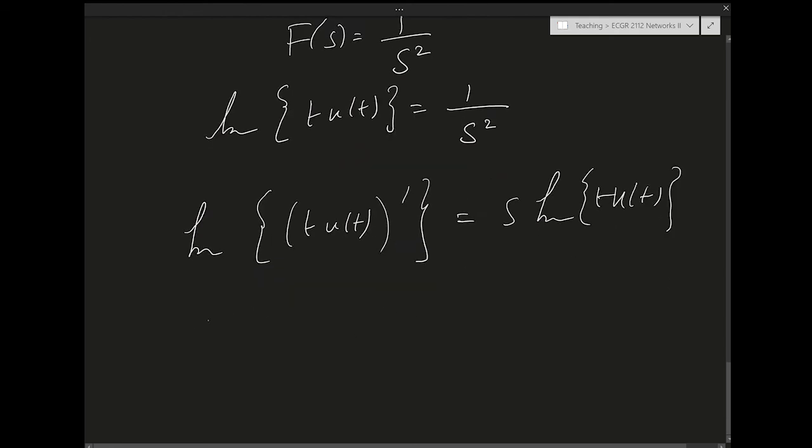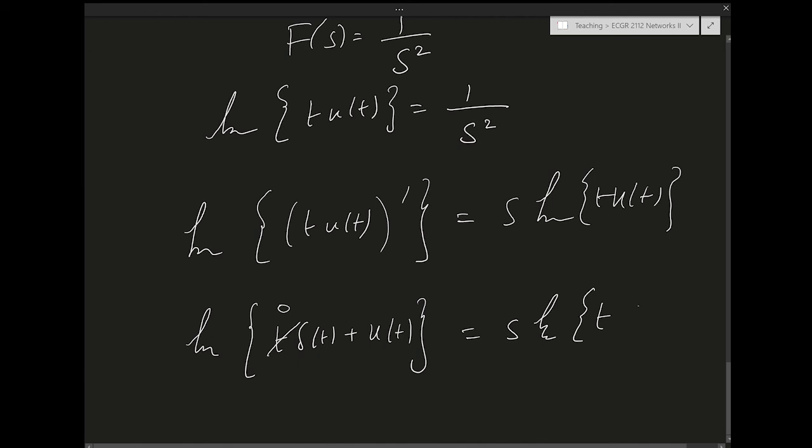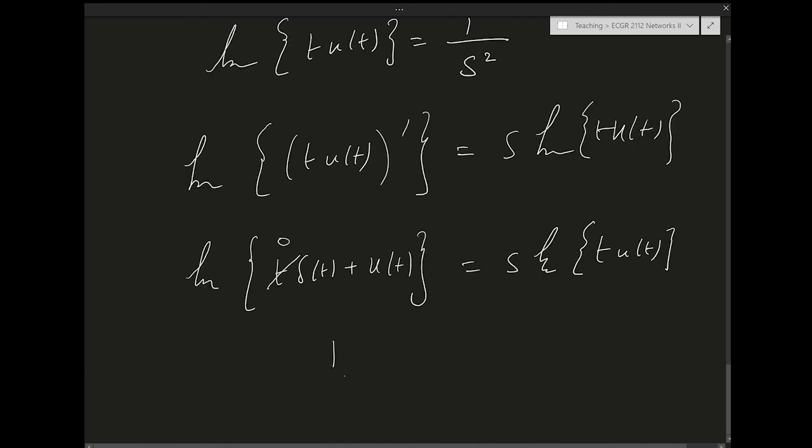Then this equals the Laplace transform of t delta t plus u of t, where the first term goes to 0. So it equals s times the Laplace transform of t u of t, and the Laplace transform of u of t is just 1 over s.